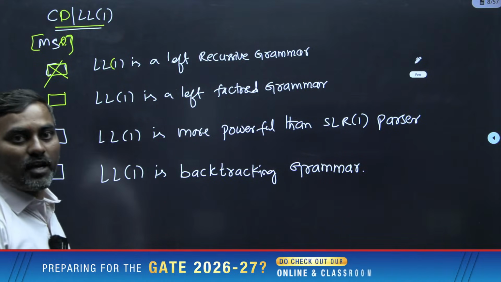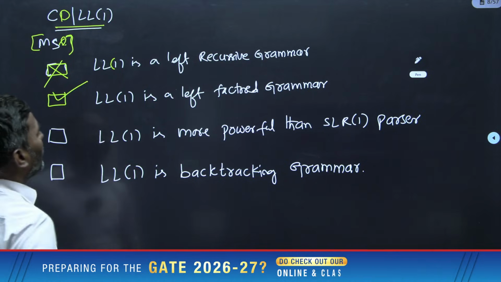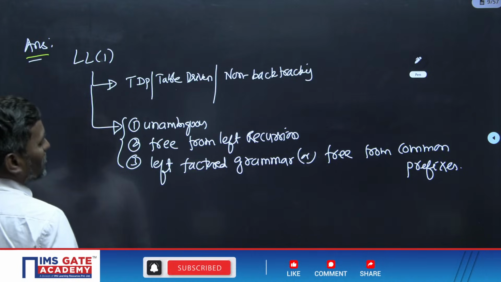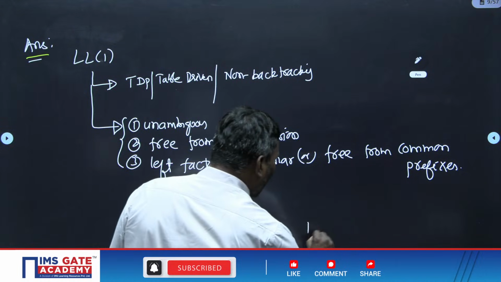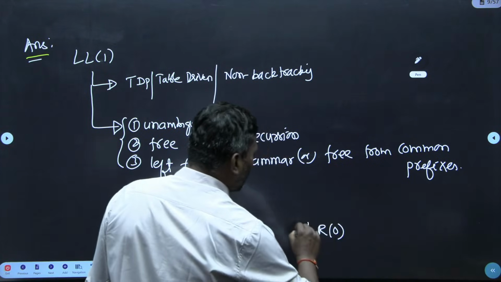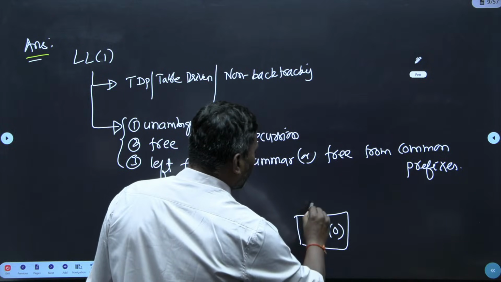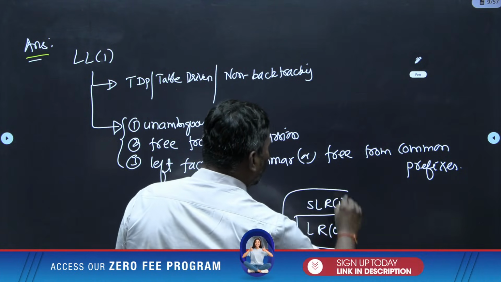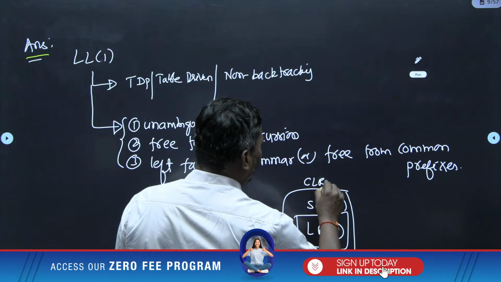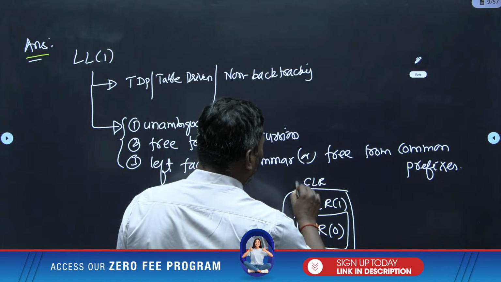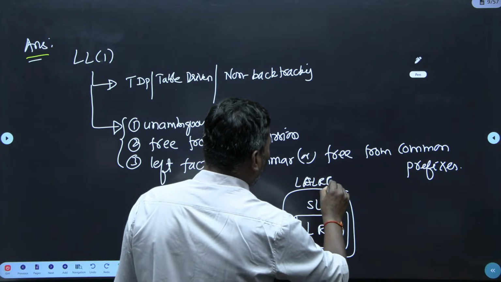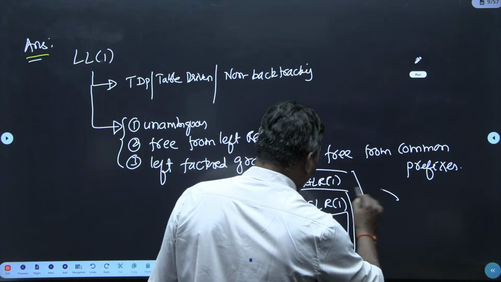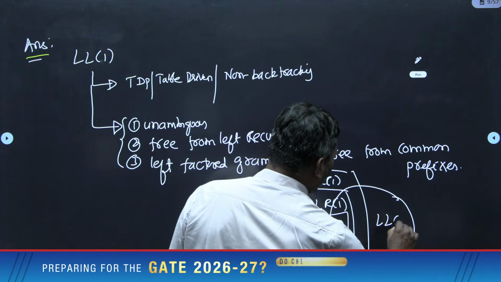LL1 is a left factored grammar: yes, this is true. LL1 is more powerful than SLR1? If you see the grammar structures, you understand. LR0 is a bottom-up parser. Every LR0 grammar is SLR1, every SLR1 is CLR1, and similarly LALR1. The LL1 grammar class has a different structure.